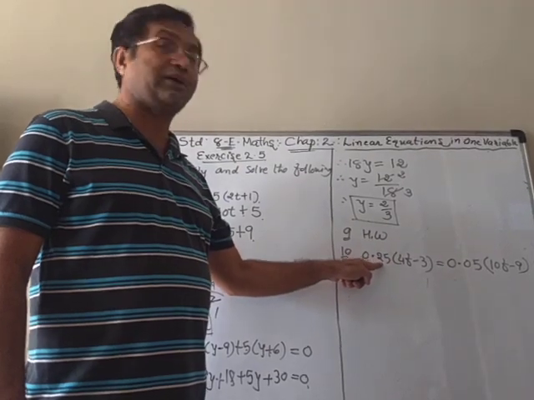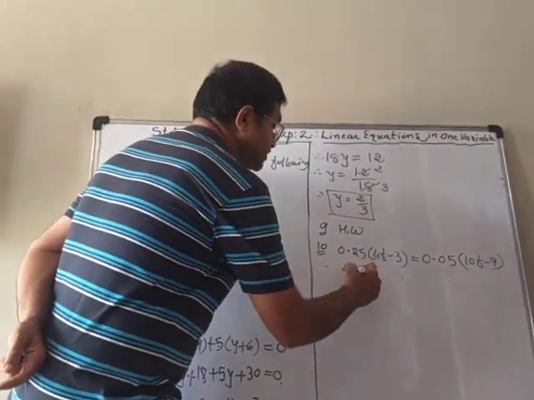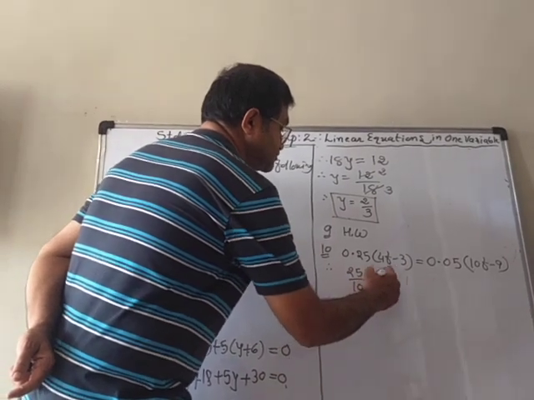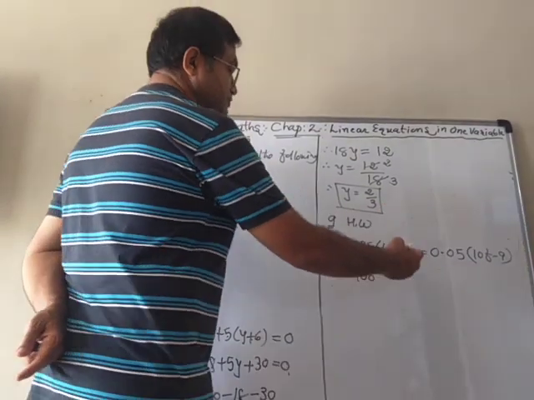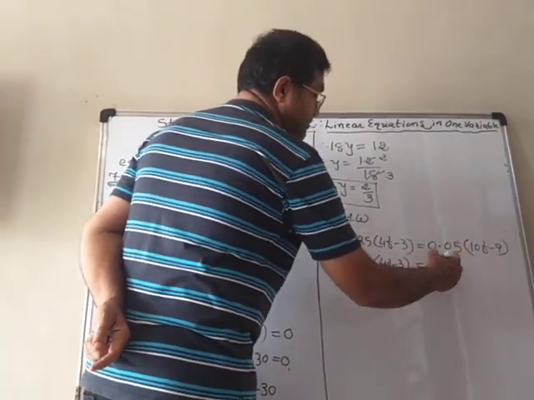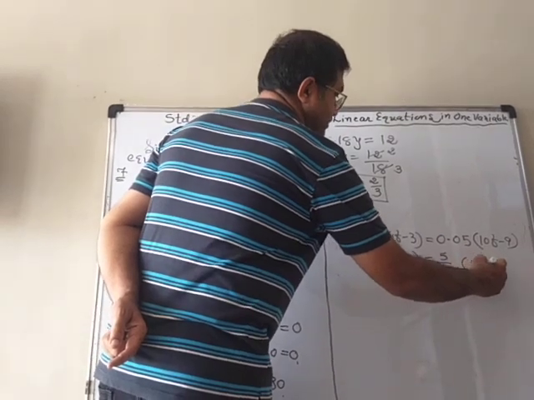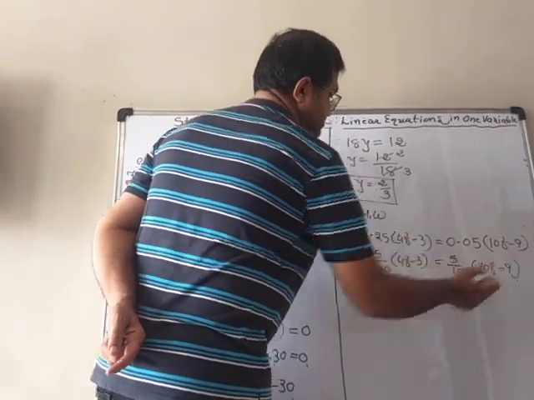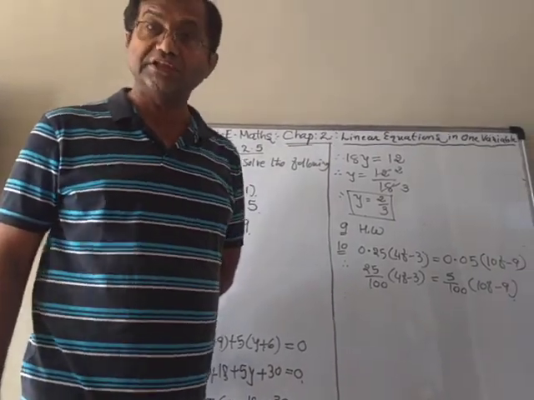Here there are 2 decimal places, so we have to put 100. So we can write 25 upon 100 into bracket 4f minus 3. Here also, there are 2 decimal places, meaning 5 upon 100, 10f minus 9.